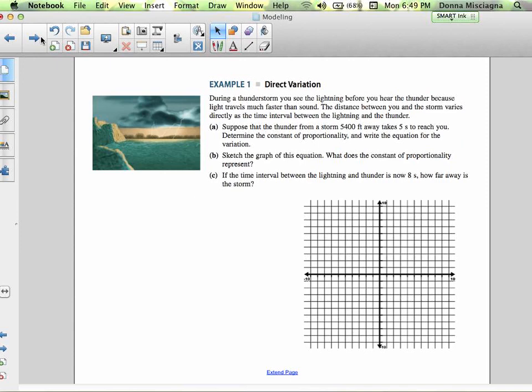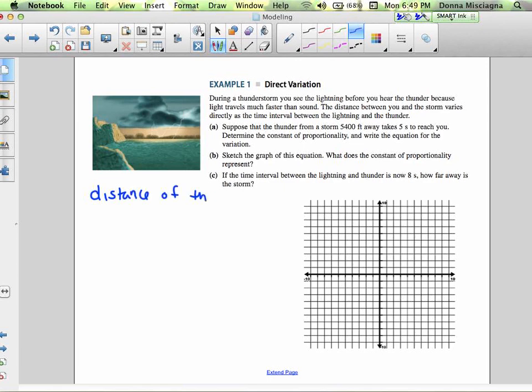So the distance of the thunder depends upon the time that it takes for the sound to reach you.